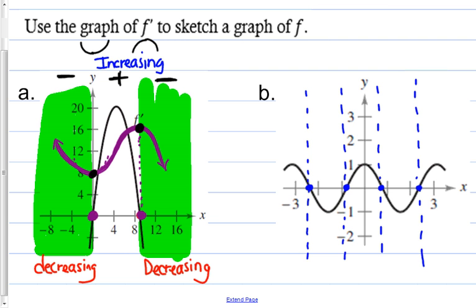Is it above the x-axis or below the x-axis? All right, so I did my pluses and my minuses. Above the x-axis is a plus, below is a minus. So I'm going to have something that looks like this. Plus, minus, minus, plus. So that's what it's going to look like.